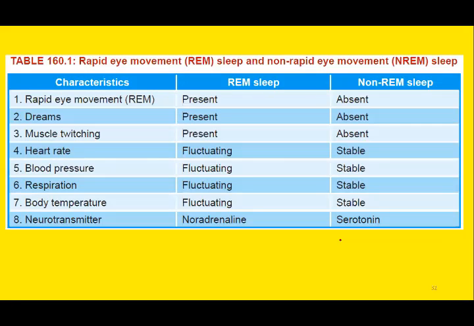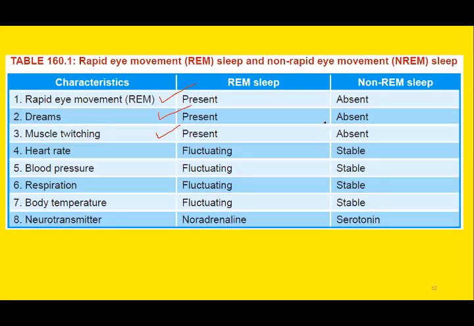So this is the tabulated form of the same parameters that we have discussed that are observed in the two types of sleep, REM sleep and non-REM sleep. REM sleep is the rapid eye movement sleep. So we observe movement of eyeballs during this stage. Dreams are more common during REM sleep. Muscle twitching is another feature of REM sleep.